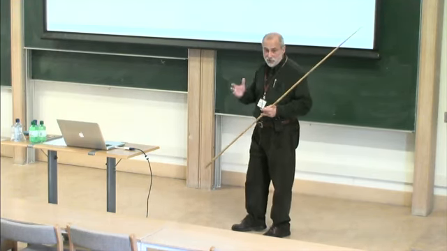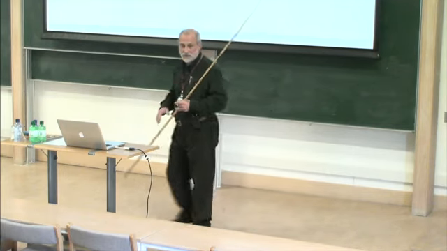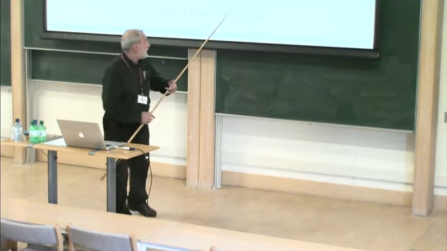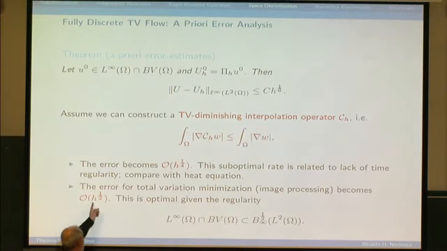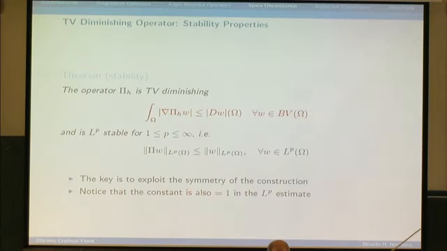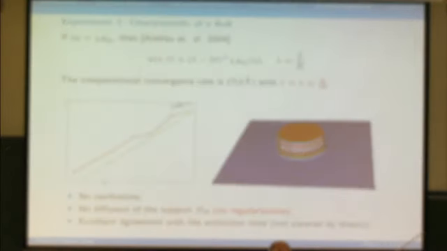But theoretically, we prove that for the TV diminishing flow, this result here, there must be order 1/2 convergence. Okay? If we distort the mesh, we check numerically, and the order is not 1/2. So that tells you that if you have a mesh which is not as regular as I suggested, there isn't such an operator. So it's a very, very special construction.